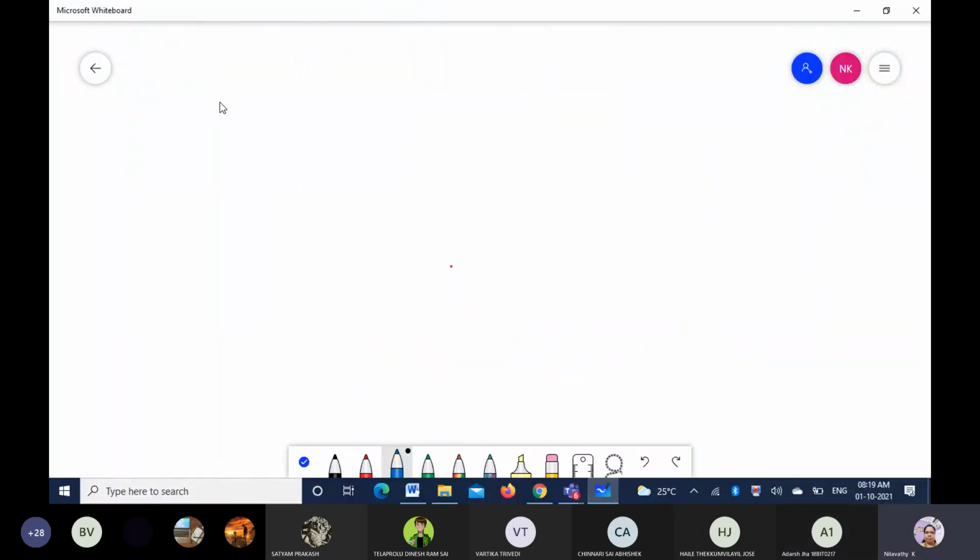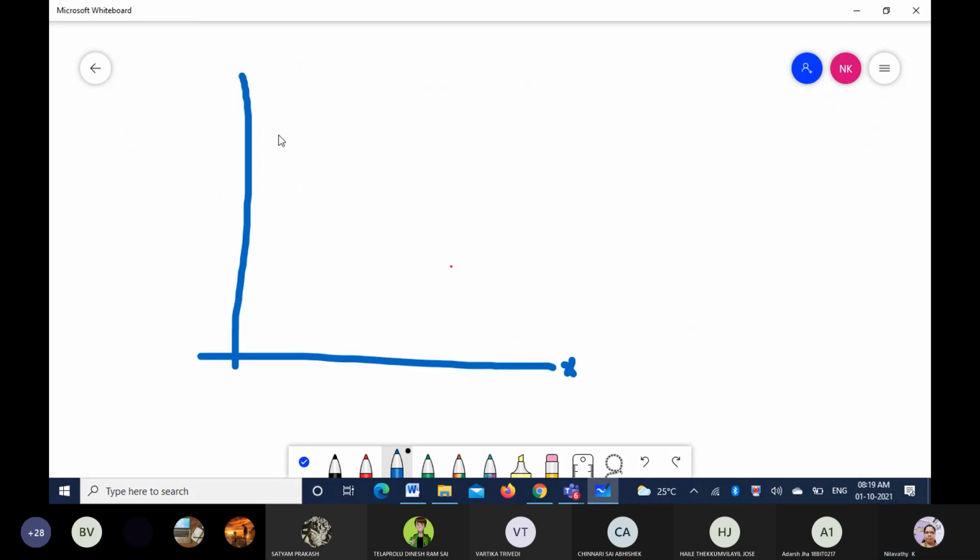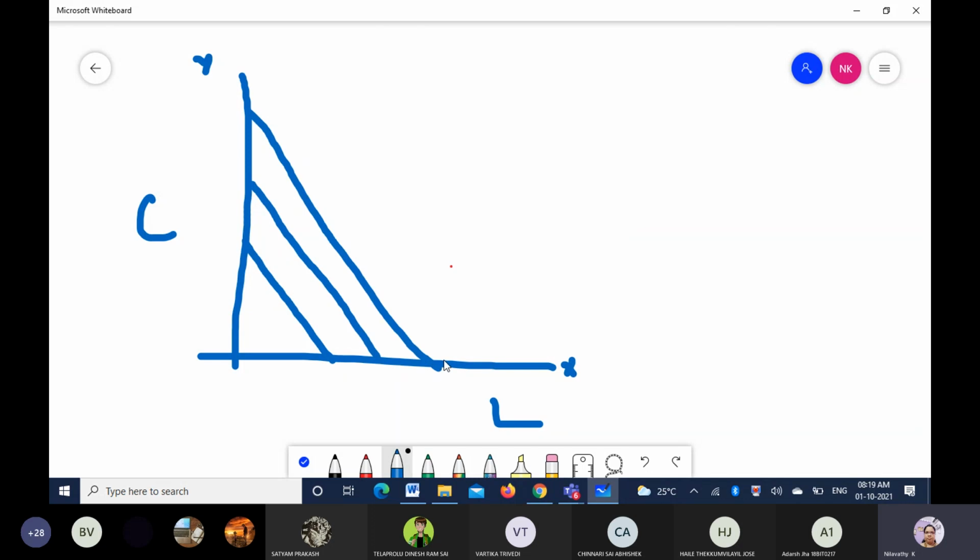So this is how, again, I'm giving an example. The concept is that capital and labor are used to measure. So you can have an isocost line also. The isocost line is nothing but the factor price line. And these are different isoquant curves.